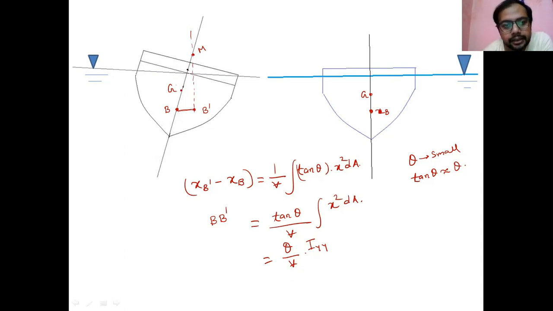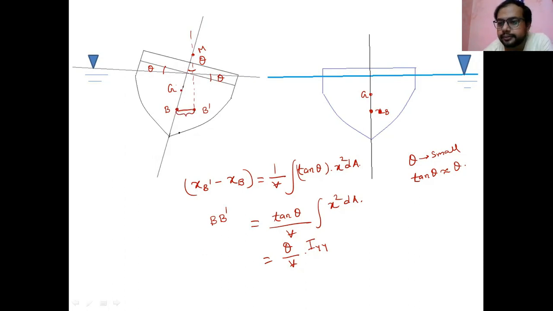And what is this angle? That is the tilting angle, theta. This angle is nothing but the tilting angle, theta. Same angle, all are the same. So BB dash, if theta is small, as we have already informed, BM into theta will give this.